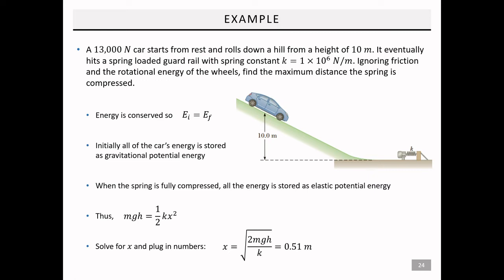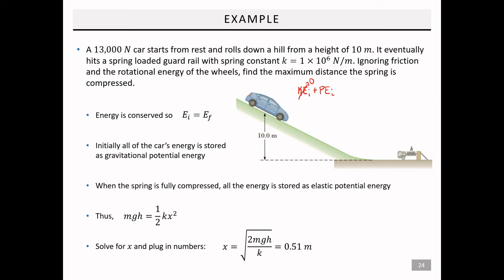So the initial total mechanical energy comes from kinetic and potential. But notice that the car starts at rest. This means that the initial kinetic energy is 0. When the car gets all the way to the bottom and it compresses the spring, when the spring is compressed at its maximum, that means the car is stopped.